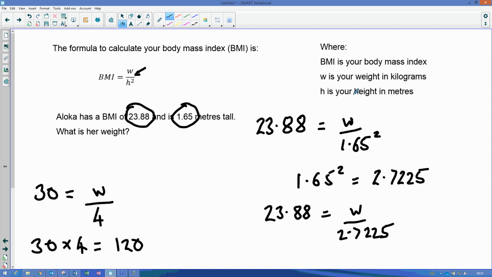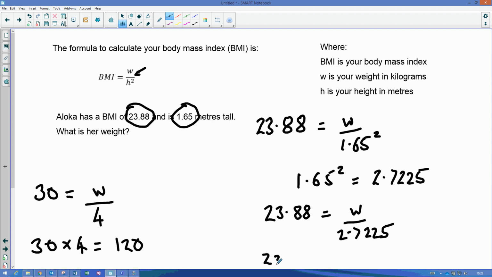That doesn't solve this one, but it gives me a method, because this is arranged exactly the same way, I can use exactly the same idea. I've got a division here. I'm going to do a multiplication.